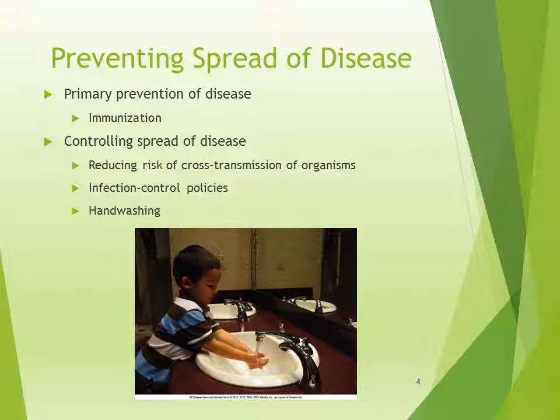Another thing that we want to do is use our other interventions to try to control the spread of disease, such as infection control practices, hand washing, basic hygiene, not sharing cups, dishes, those kind of things. We really want to stress hand washing to our families.